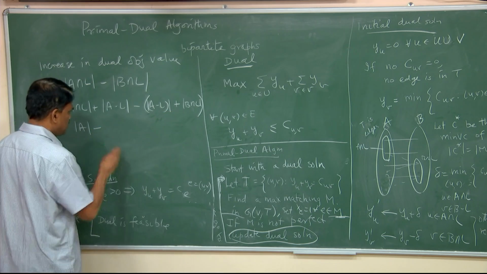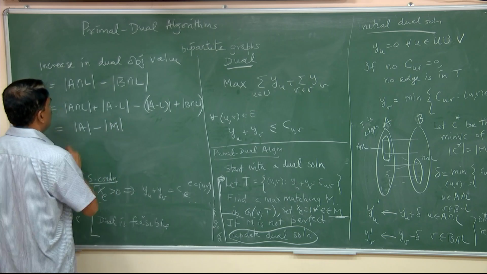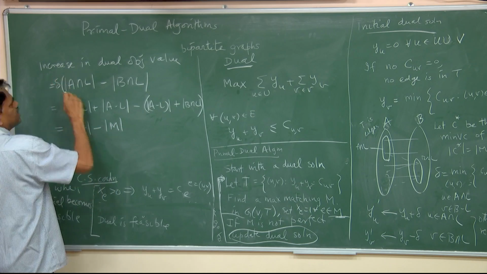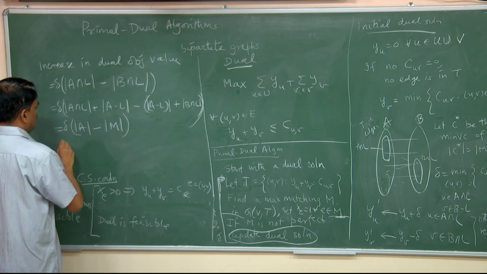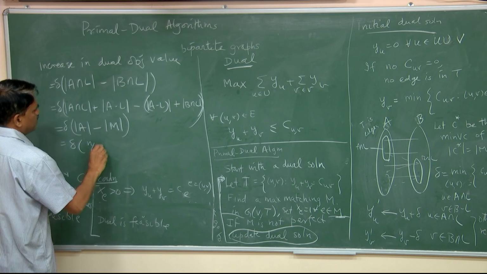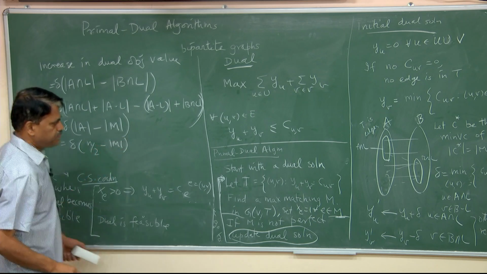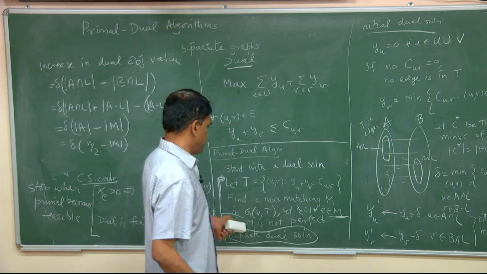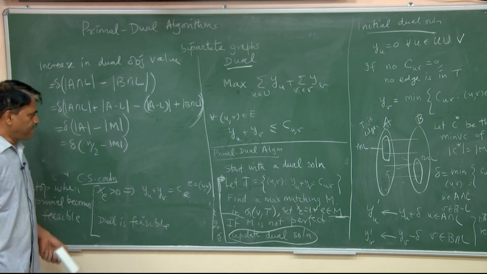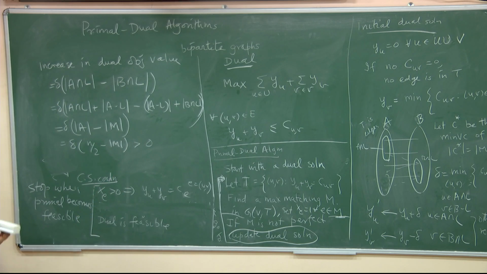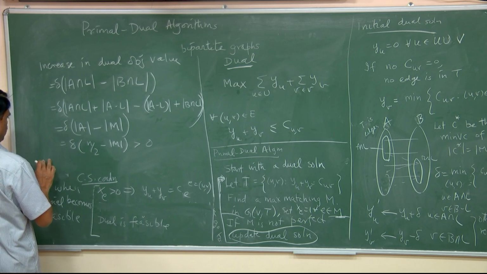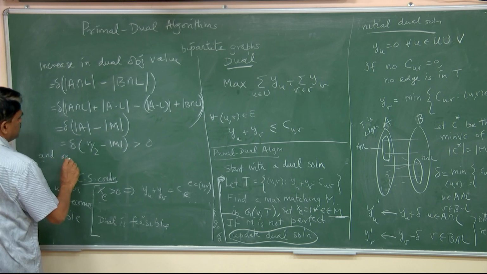So this is delta times A, which is n by 2, minus the matching, and my matching is strictly less than n by 2. It's not perfect, that's what we know. So this is strictly greater than 0.